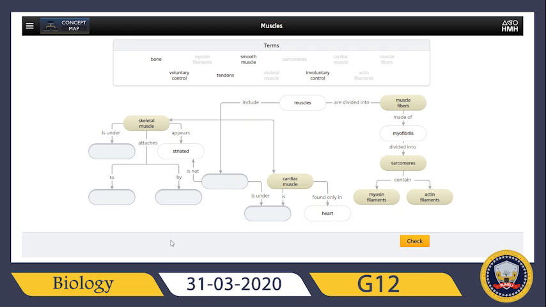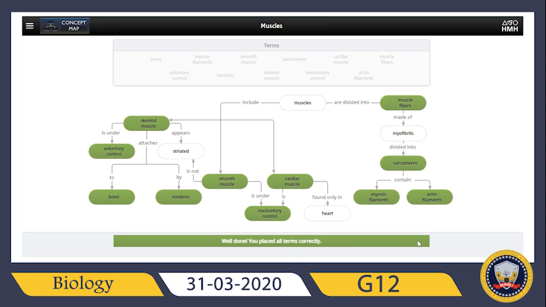What? Is it here? Include what? So let's try this. Smooth muscle here attaches to bone by tendons, is under voluntary control, is under involuntary control.